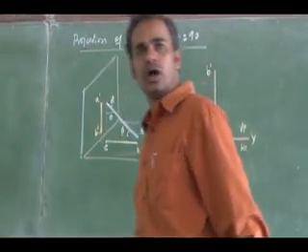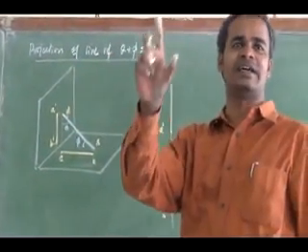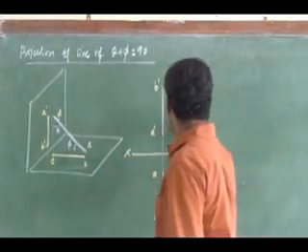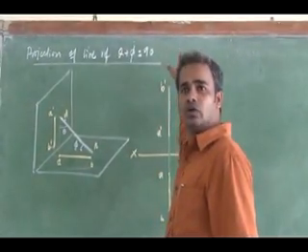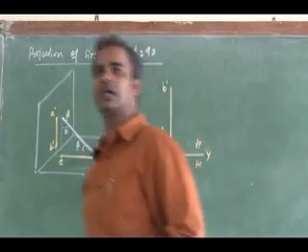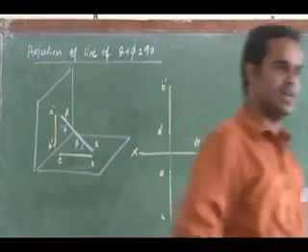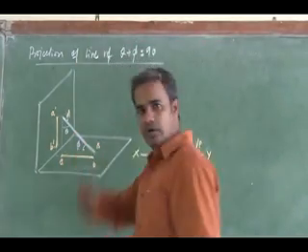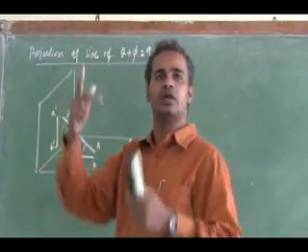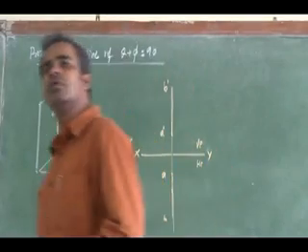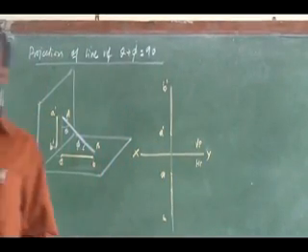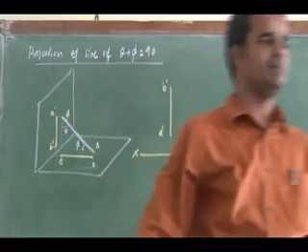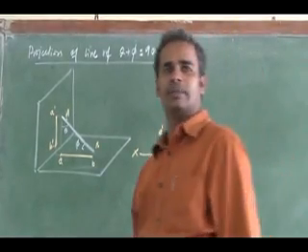Due to construction errors, you won't get it on the same vertical line. A small adjustment you have to do, and make it so that the final projections of the front view and top view fall on the same projector line.